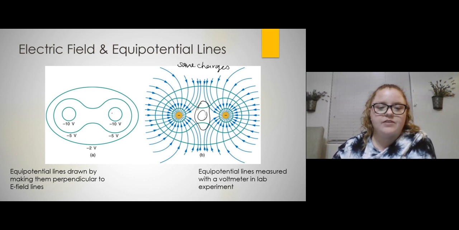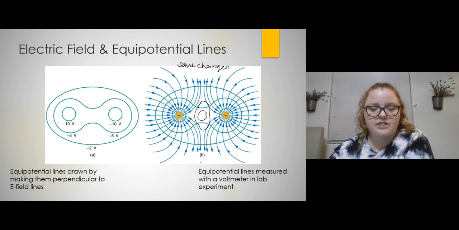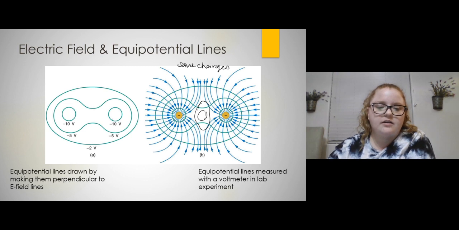Here is an example of the voltages that you'll see when we take a voltmeter and measure the voltages, or the potential differences. We've got negative 10 volts here, then it goes to negative 5, and then negative 2 all the way out there. You can even follow this curve.